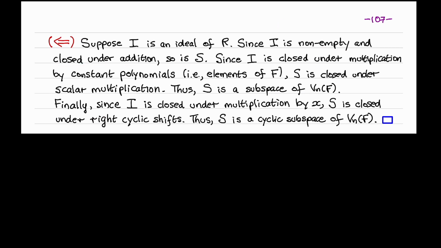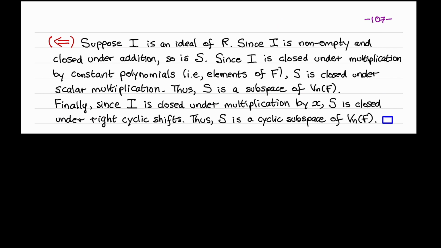Thirdly, since I is closed under multiplication by all polynomials in R, it's also closed under multiplication by the constant polynomials in R. The constant polynomials being scalars in the field F. And this means that S is closed under scalar multiplication. And so we conclude that S is a subspace of the vector space.